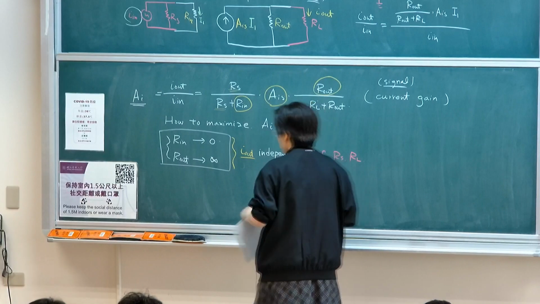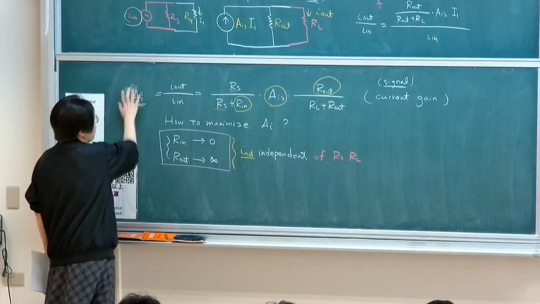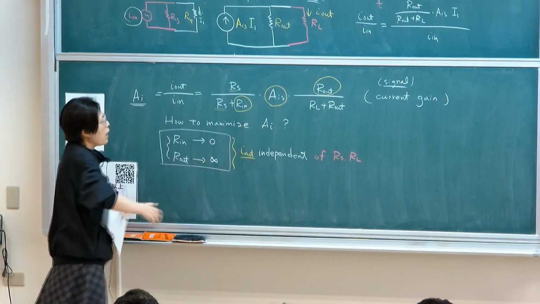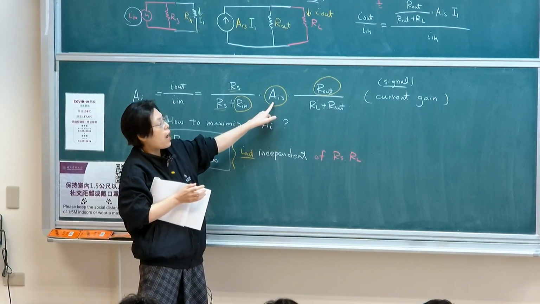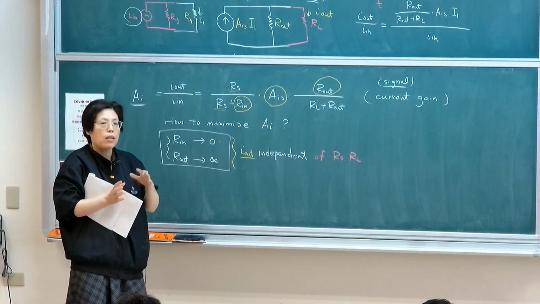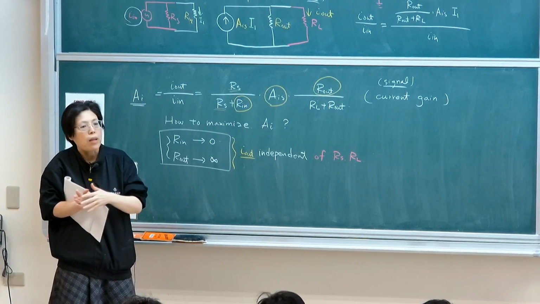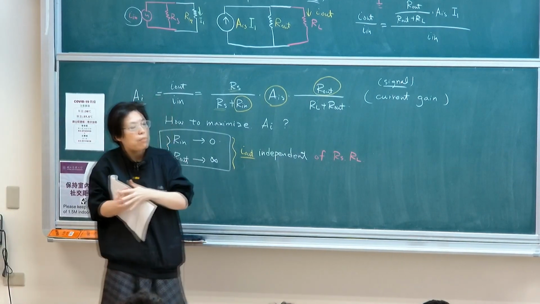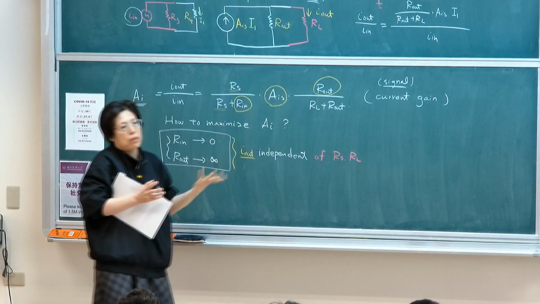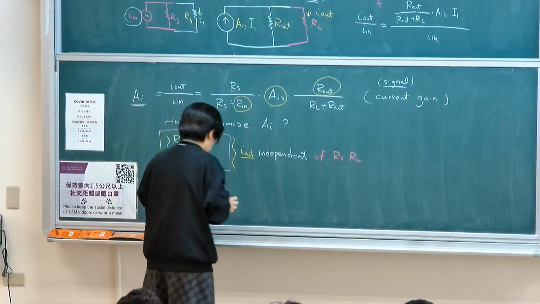Another key important application: if I could simply have a current buffer, meaning that I could simply have AIS equals to 1, that's also fine, as long as I'm transferring my current successfully from the source, out into the next stage for whatever operation there is.